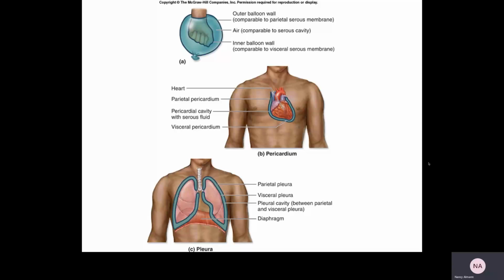In between the two layers, you will have an area which contains air, which is going to be analogous to the serous cavity, which will contain serous fluid. The diagrams that are marked B and C show you the pericardial membranes and the pleural membranes.